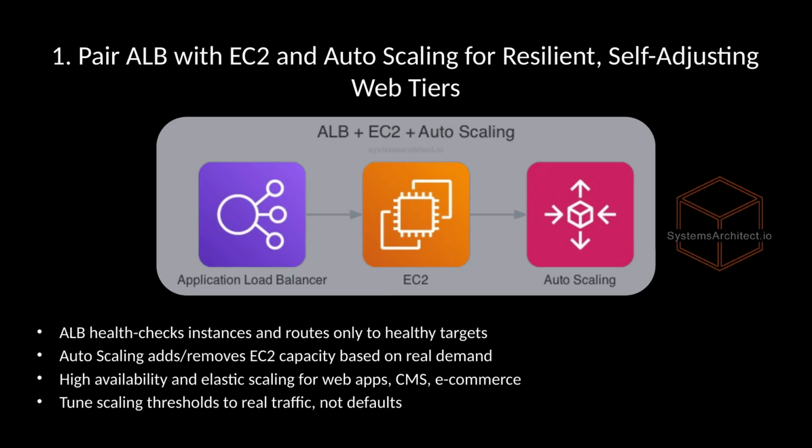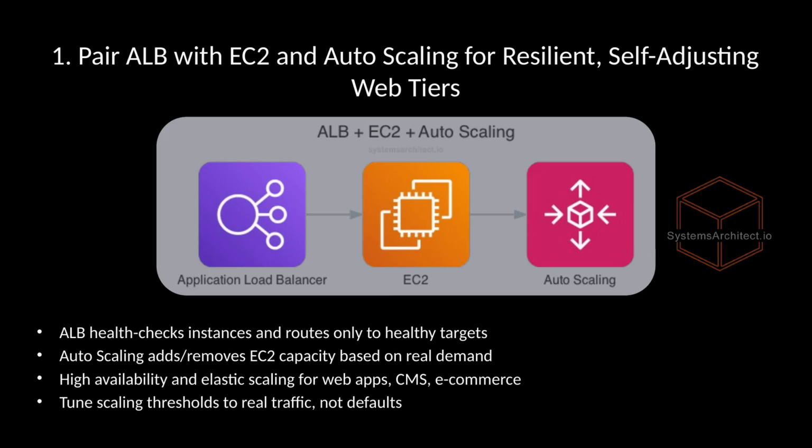A fixed number of servers is always wrong for a variable amount of traffic, and pairing an application load balancer with EC2 instances under an auto-scaling group closes that gap automatically. The ELB health checks instances and routes only to ones that can serve traffic, while auto-scaling adds or removes EC2 capacity to match real demand.